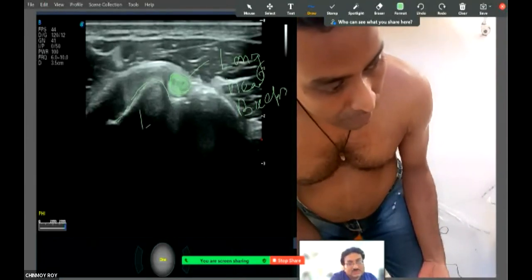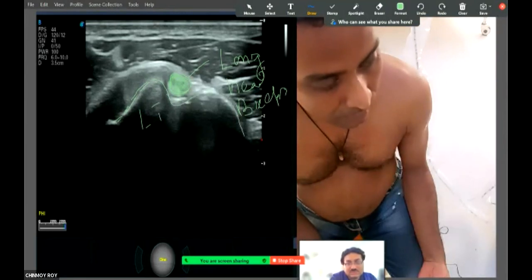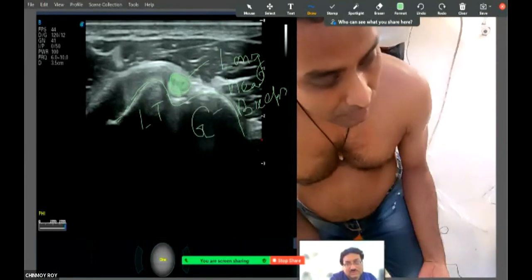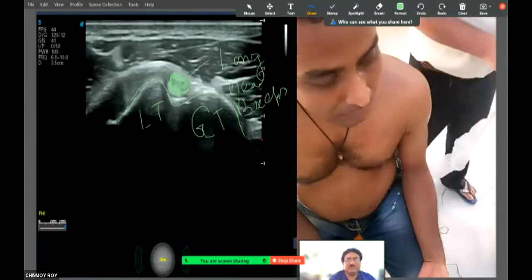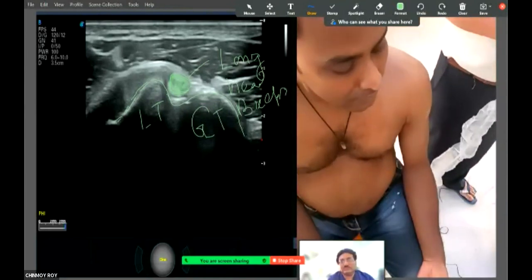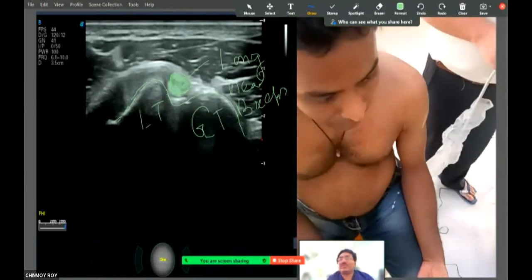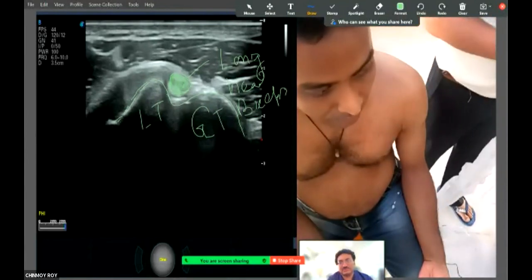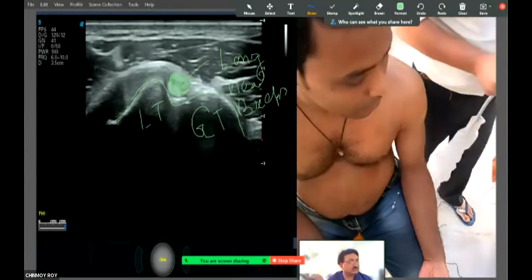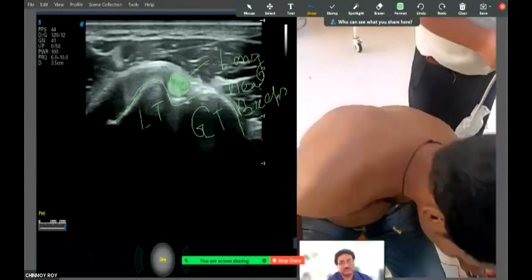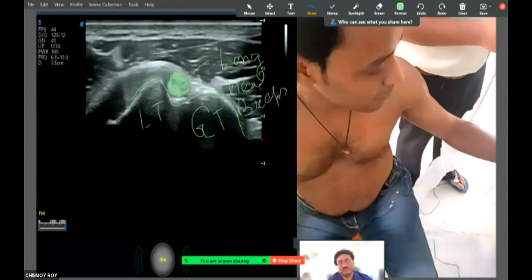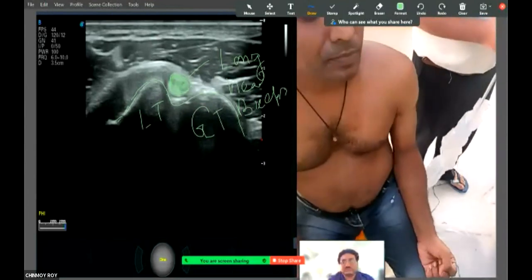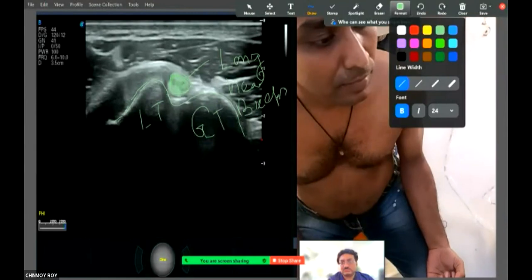While doing ultrasound, always keep in mind that in every patient there are some anatomical variations. No two patients are the same; most of the time these variations are very common. So here also our volunteer's shoulder is a bit different.